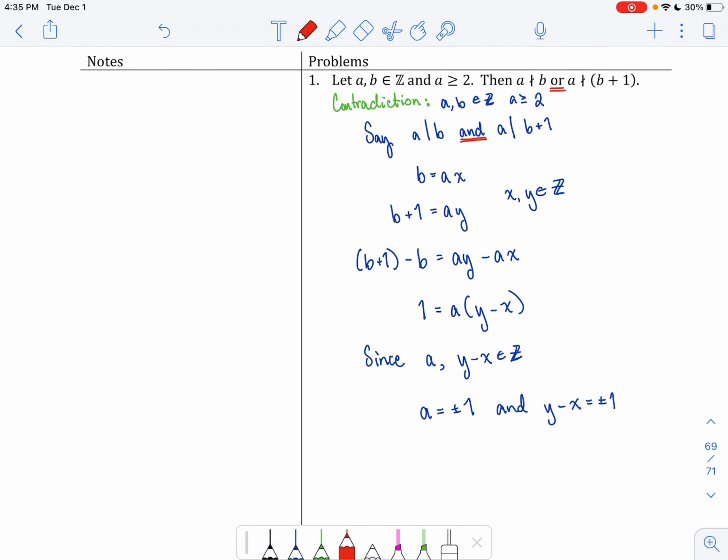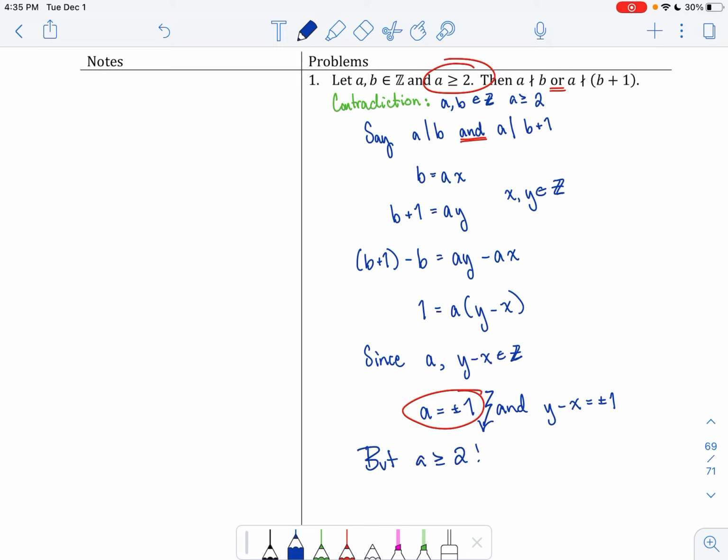we did start this entire proof by saying a is greater than or equal to 2. So if a is equal to plus or minus 1, but we started with a is greater than or equal to 2, this is our point of contradiction right here.